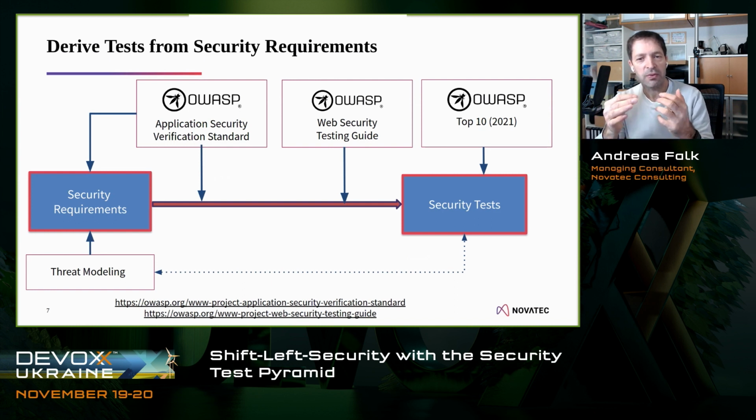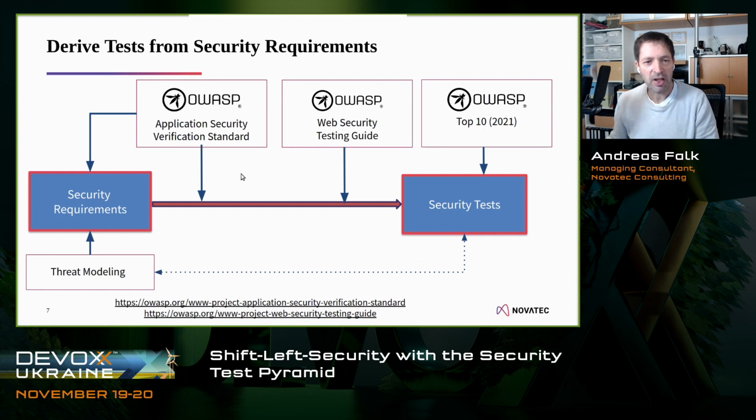And you have plenty of helpful guides, also again provided by the OWASP. And the most helpful guide that I want to mention is the so-called Application Security Verification Standard that you can see on the left side here.